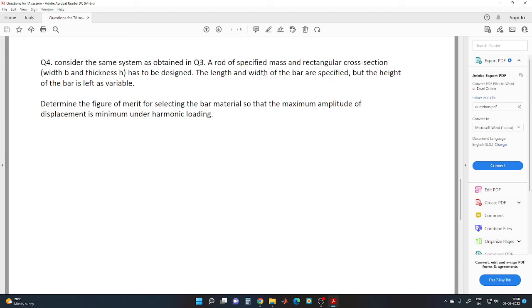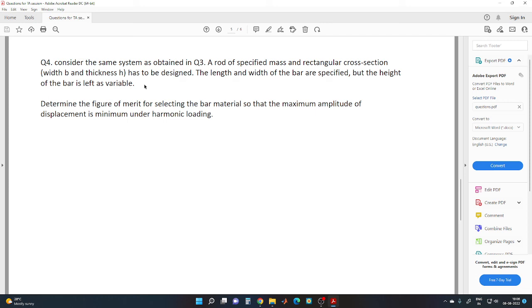So what we are left free with is the height of the bar, which is variable, and we have to select a particular material based on that to optimize that particular situation. So what we want to do is optimize, as we know, we have to induce a maximum damping or the minimum vibration.